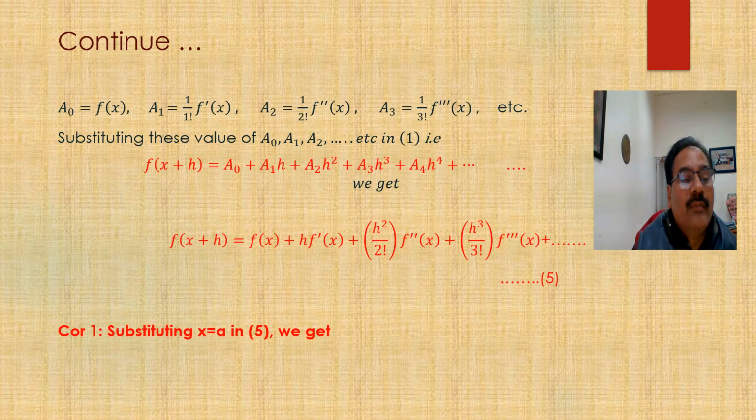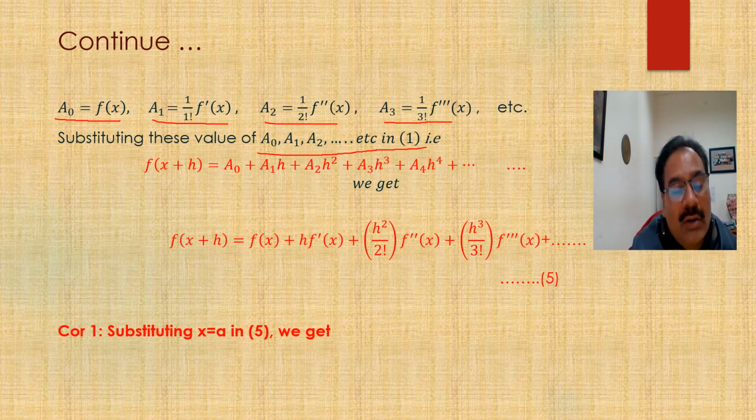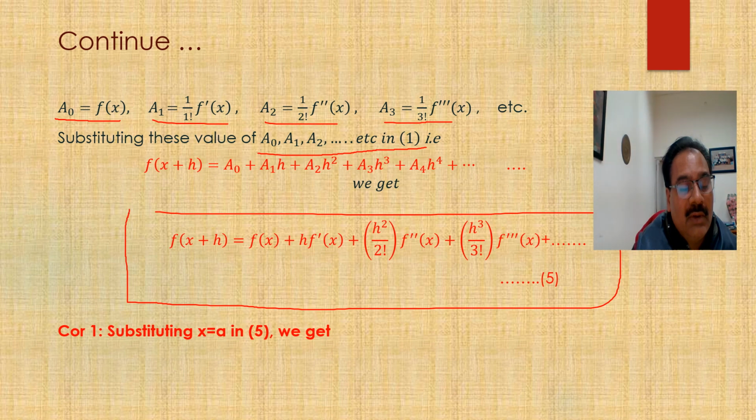Now putting these values of a naught, a1, a2, a3 back in the assumed equation, which was based on the Taylor statement itself, you will get this result. It means the Taylor's theorem assumption which you have taken, the coefficients in an ascending series, is true.